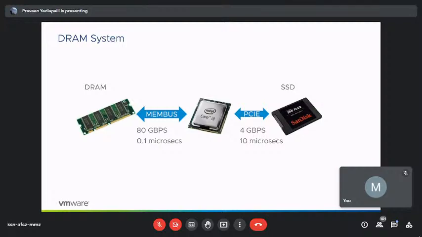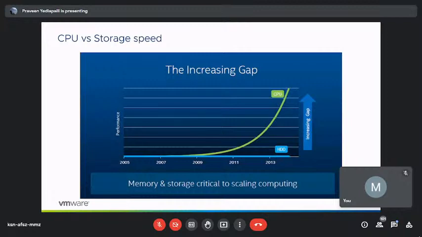The main problem now is for the last few decades, CPU speed has been increasing exponentially. Every generation, the speed is becoming double, and it's increasing exponentially. And if you compare that to the storage speed, it's lagging behind. You can see from 2005 to 2013, there is only slight change in storage speed.